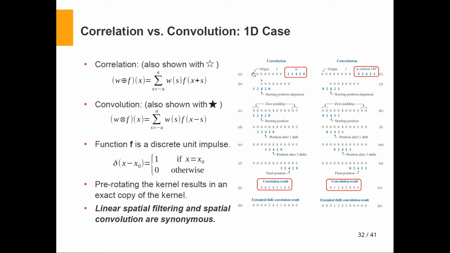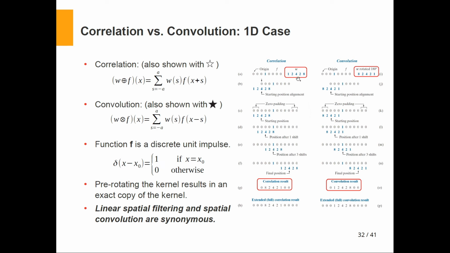For example, here if we assume the origin to be here and show this as location 0, then this function f is actually delta of x minus 3, because at location 3 its value is 1 and everywhere else its value is 0.